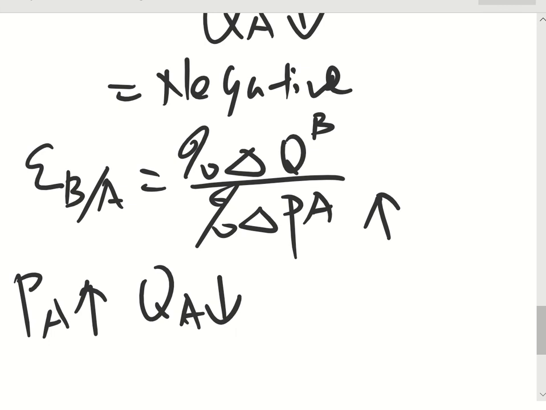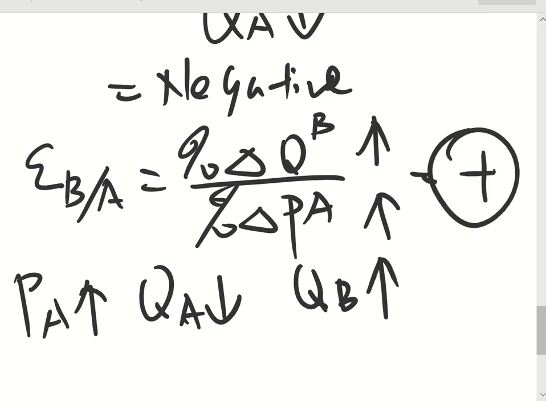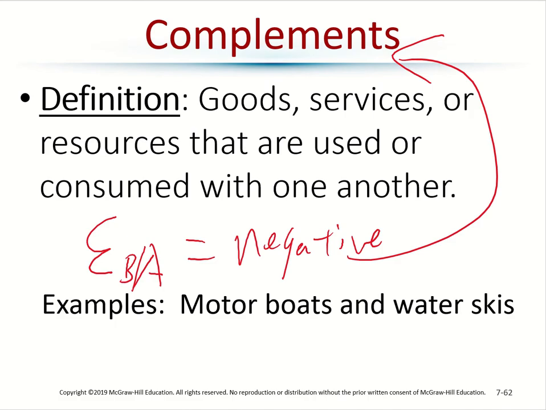That's your law of demand. Now, if two goods are substitutes, that means we buy A, we don't buy B. We buy B, we don't buy A. So if you don't buy A anymore, you're going to buy more of good B. So quantity demanded for good B will increase. So positive and positive, then this is positive. So therefore, this is a substitute good. Okay, so negative cross price elasticity, that's a complementary good. Positive cross price elasticity, that's a substitute good.